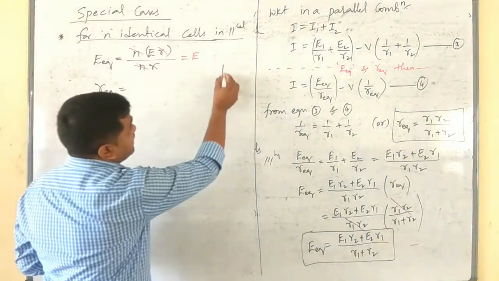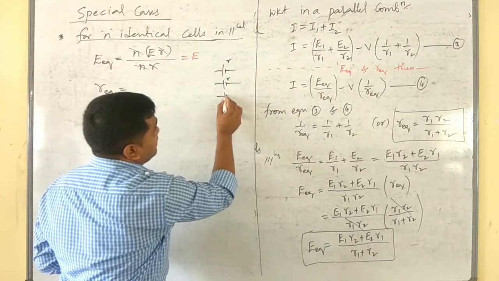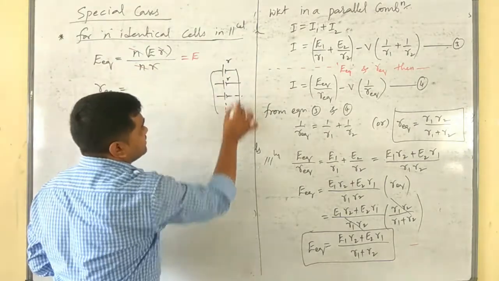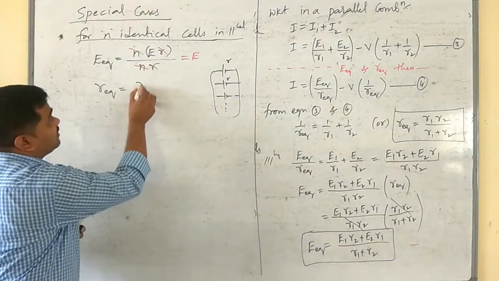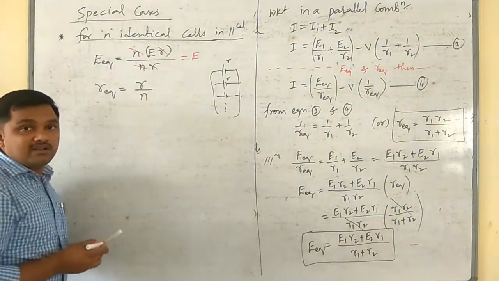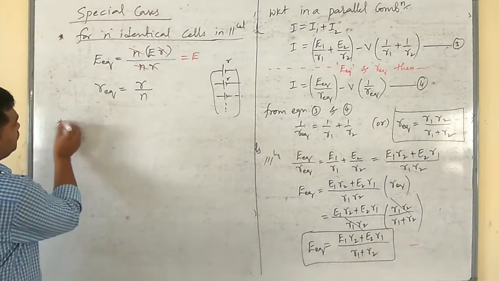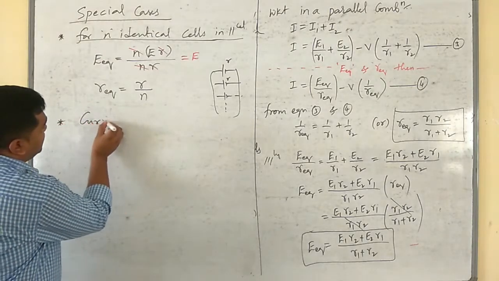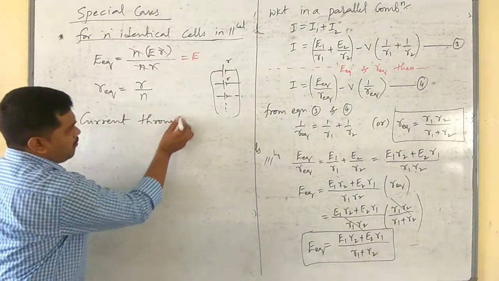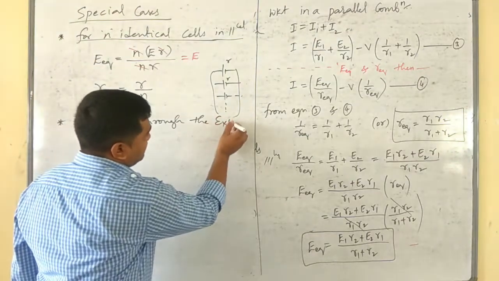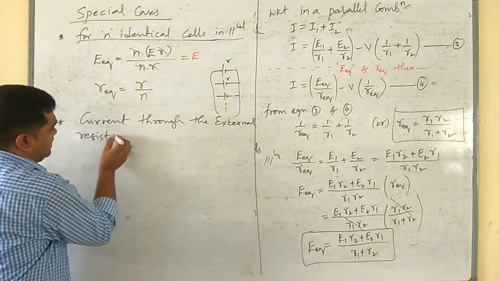When n identical cells having internal resistances r are connected in parallel, it means that n identical resistors are connected in parallel, so r equivalent will become r divided by n. Similarly, the current through the external resistance.